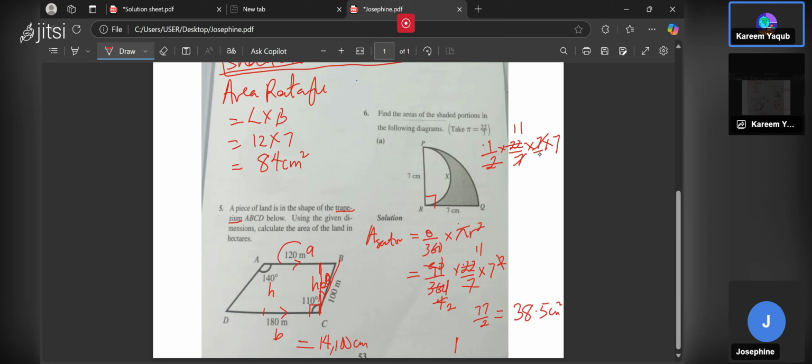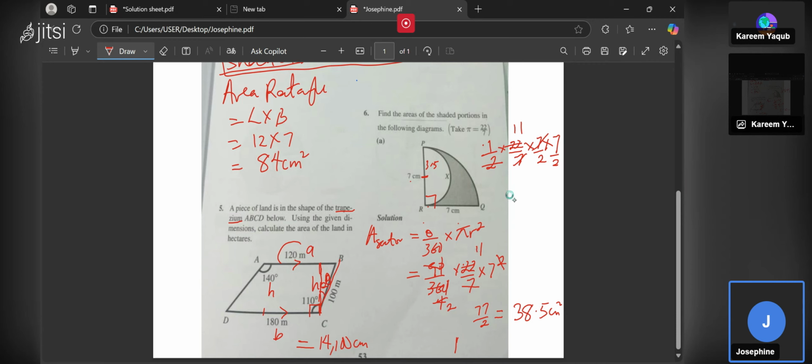Sorry. The 7 here is the diameter of this semicircle, which is the radius of the sector. So we are going to divide this 7 by 2 to give us the radius of the semicircle. That's why this is 7 over 2.